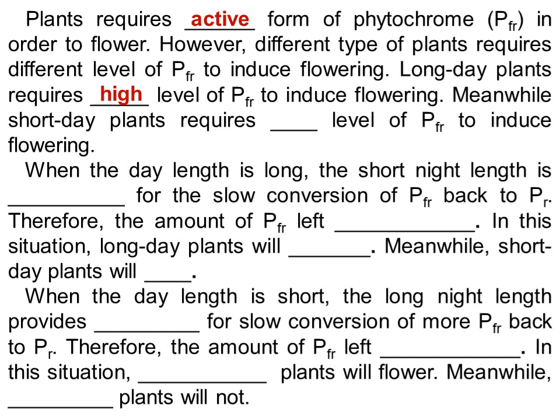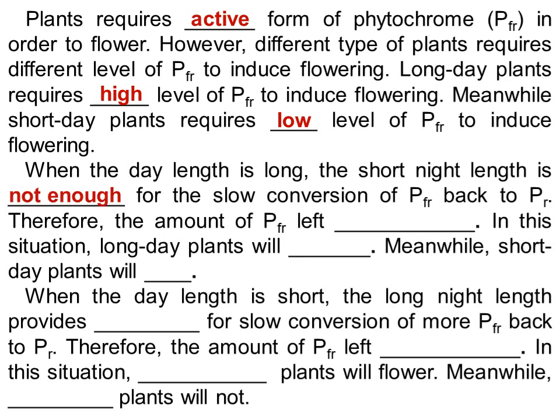When the day length is long, the short night length allows for the slow conversion of PFR back to PR.